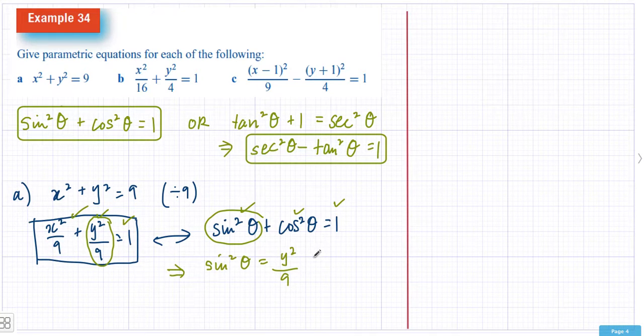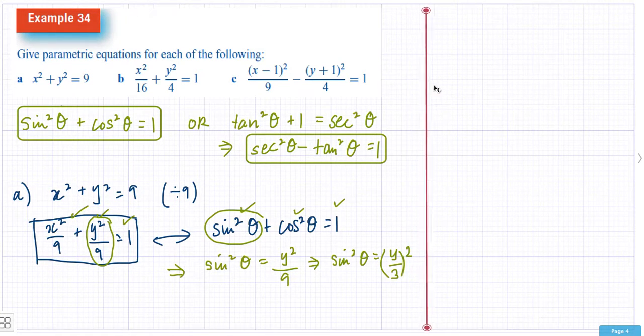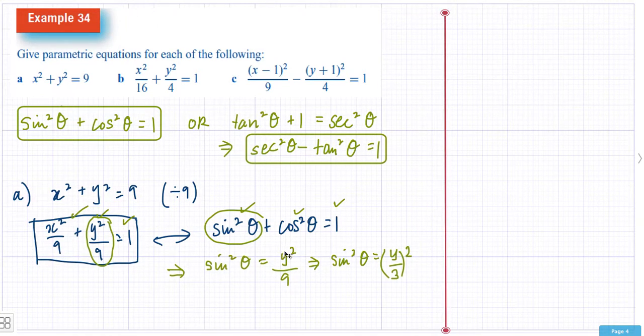If we take that even further, sine squared theta equals y on 3, all squared. All I've done there is take the squared out, so it's now y over 3 instead of over 9. Let's take the square root of each side. We've got sine of theta equals y on 3.